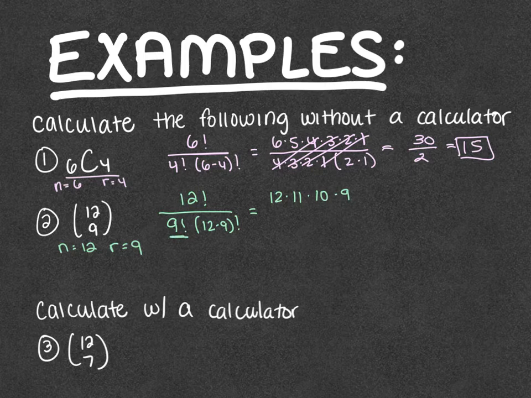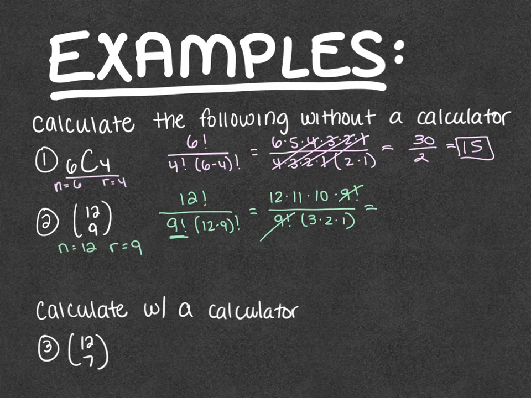I see that there's a 9 factorial on the bottom, so I'm just going to stop here and write 9 factorial, because that represents 9 all the way down to 1. And on the bottom, I'm going to leave it 9 factorial. 12 minus 9 is 3 factorial, so 3 times 2 times 1. This saves a little bit of time because I know that 9, 8, 7, 6, etc. is going to cancel out with 9, 8, 7, 6, etc. on the bottom.